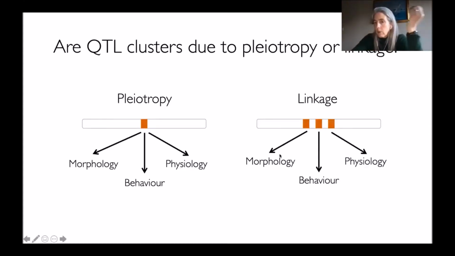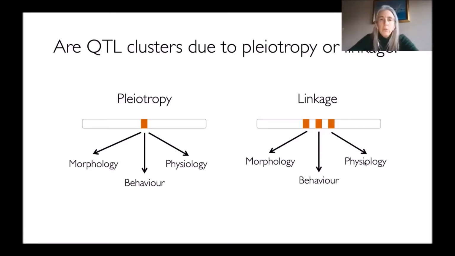For example, one mutation affects morphology, another behavior, another physiology. At the level of the QTL, we have big regions of the genome, and there are usually hundreds of genes, so it's really hard to address this question. Most studies that find this clustered genetic architecture stop there and say, okay, we find this clustering. Is it pleiotropy or linkage? That's the question in the discussion. But we wanted to try and address that question.